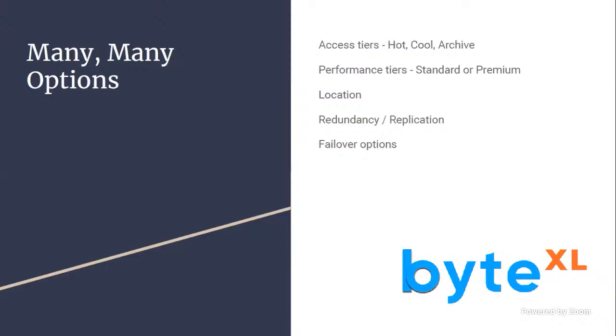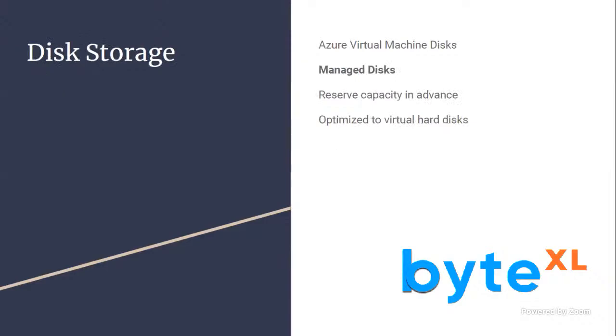Yeah, we have discussed most of the things. Disk storage: as I've explained, Azure Managed Disk is a virtual hard disk. You can think of it like a physical disk in an on-premises server, but virtualized.